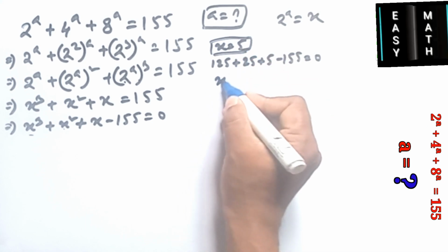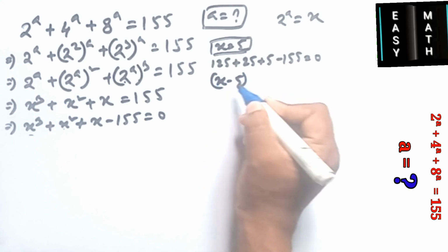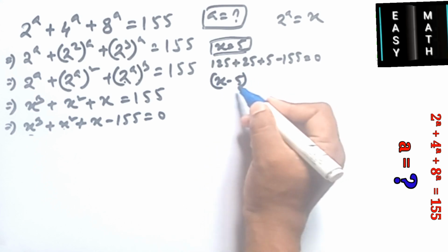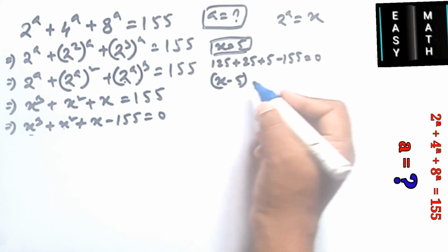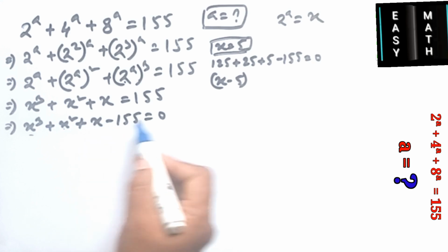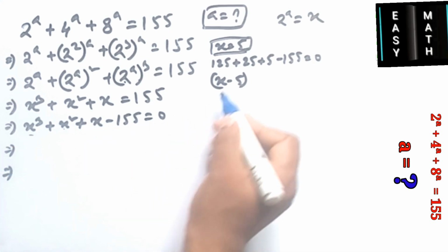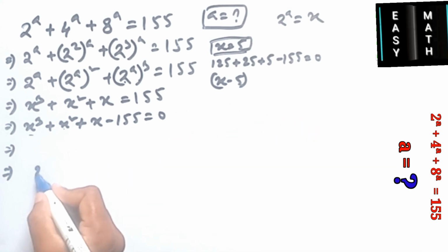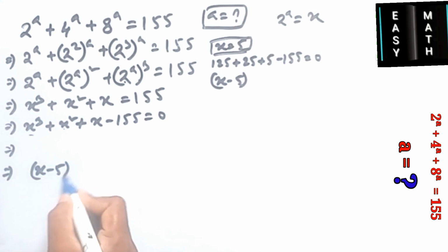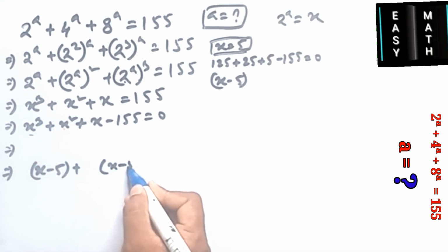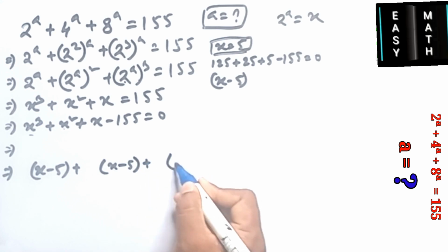So x minus 5 is one factor, and we divide by x minus 5, so we get the another factor. So how? First we can write this x minus 5 is a factor. Here we can write x cube, so 3 times.